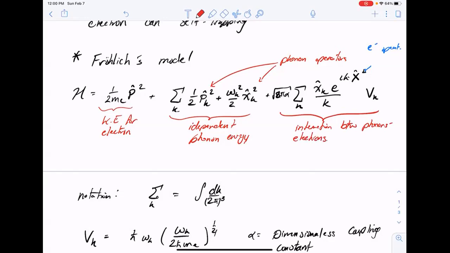However, it's only complicated due to the electronic degrees of freedom. It's linear in the phonon variables. So from the perspective of the phonons, we have a Gaussian Hamiltonian with a linear coupling to the electrons.